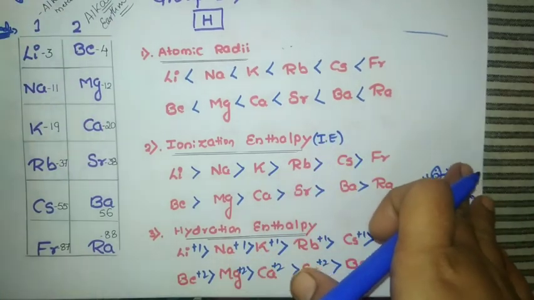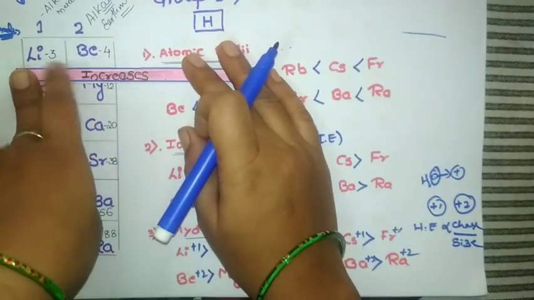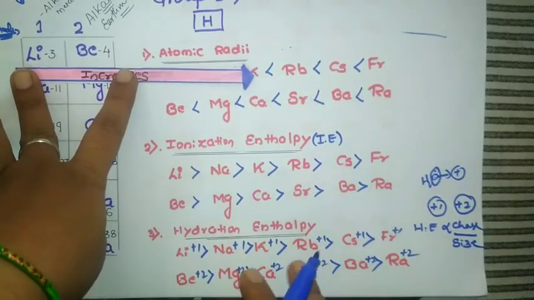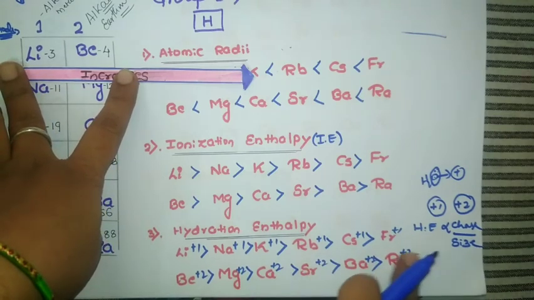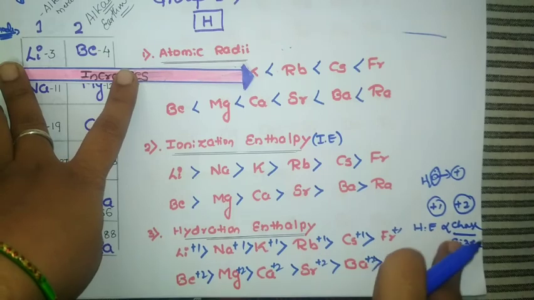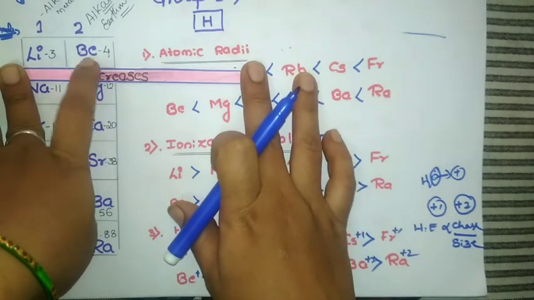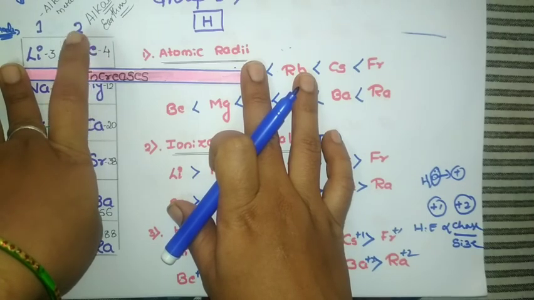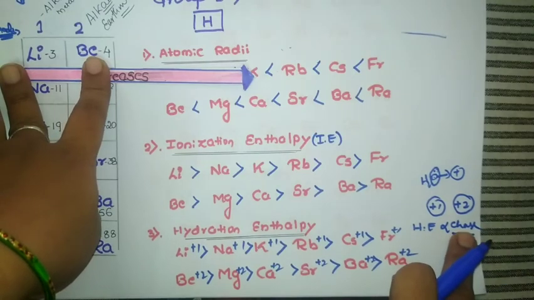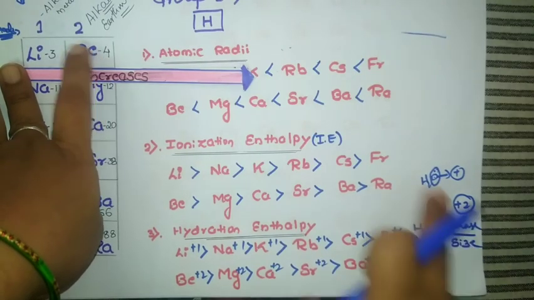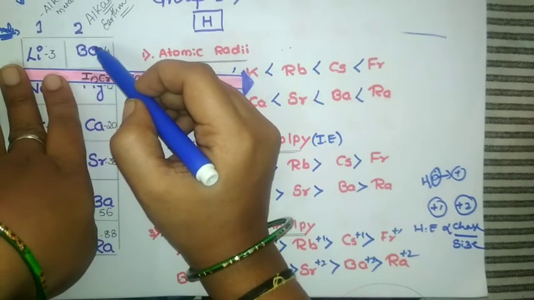Now let us take lithium and beryllium. As I told, as the size is less, the hydration enthalpy will be more. That is one point, based on size. Another point you can consider is charge. Lithium has a +1 charge, beryllium has a +2 charge.